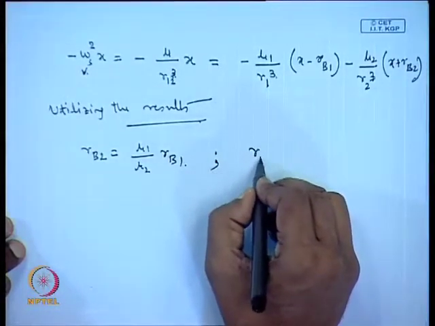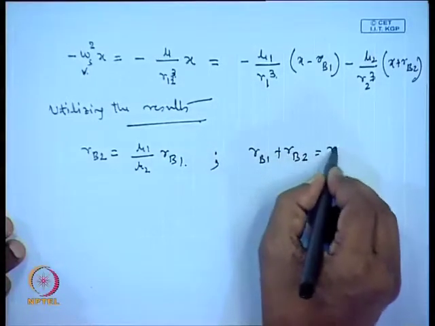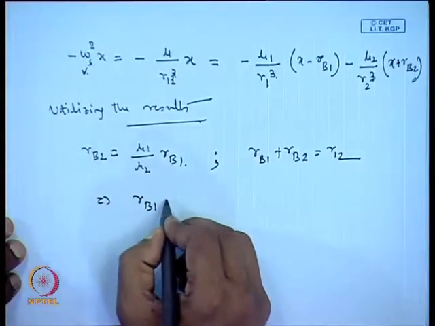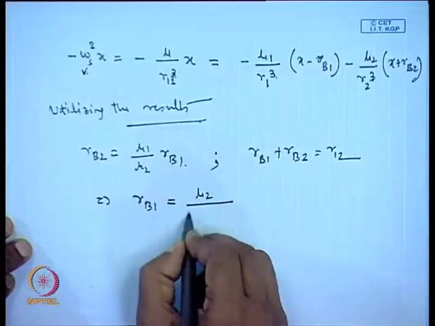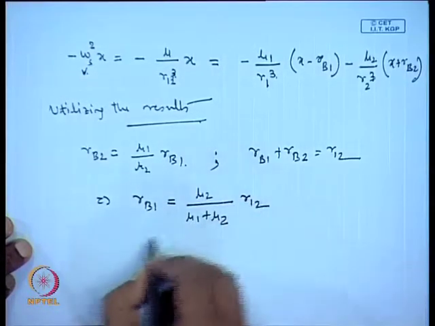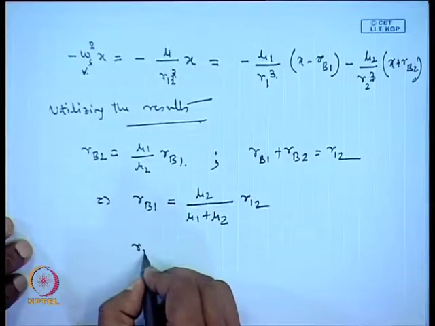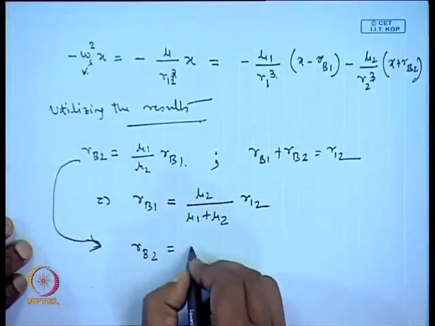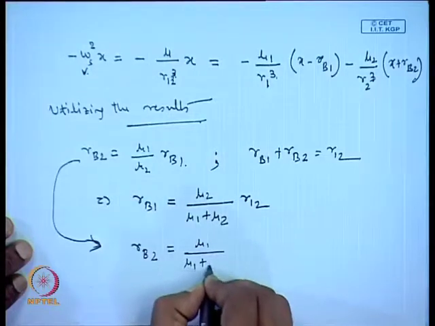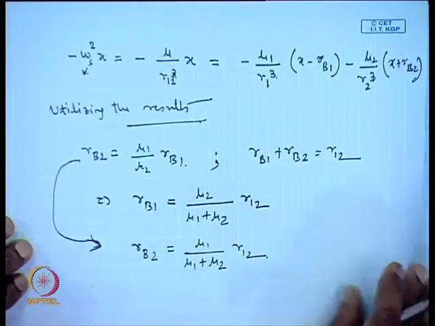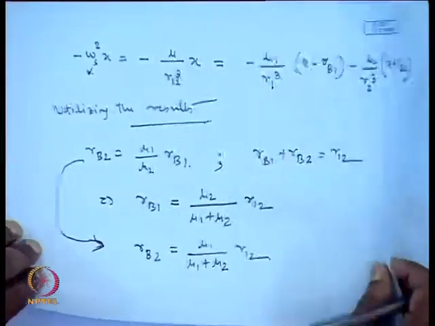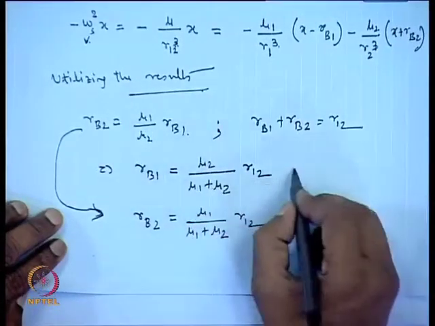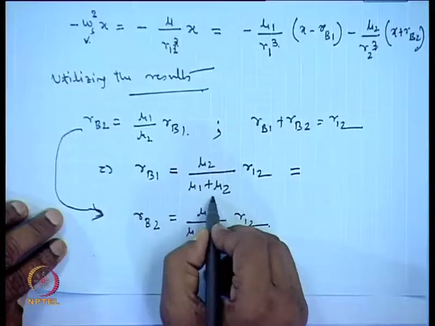So, again repeating here, from here we get Rb1, and Rb2 from here we can get, and this will be mu1 by mu1 plus mu2 times r12. And mu1 plus mu2 is nothing but mu.